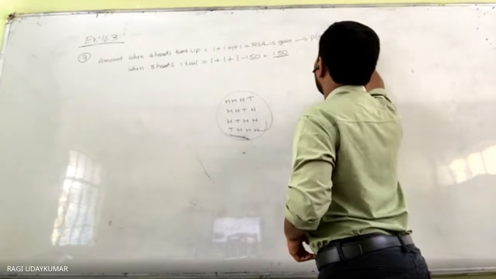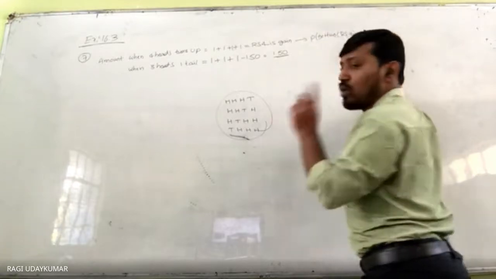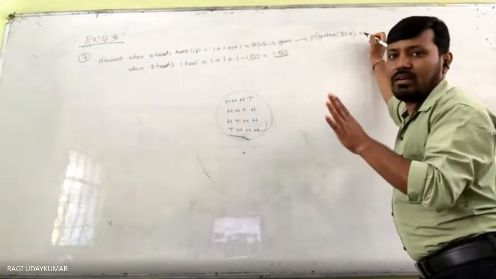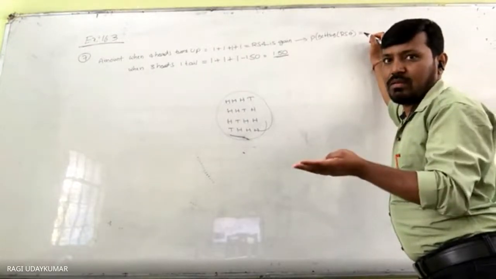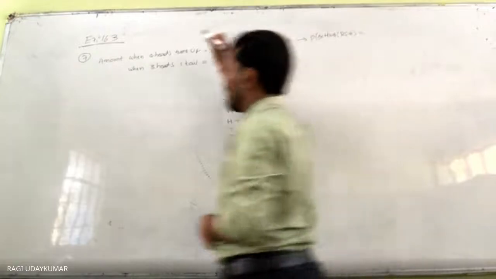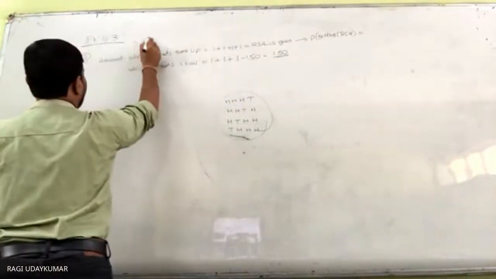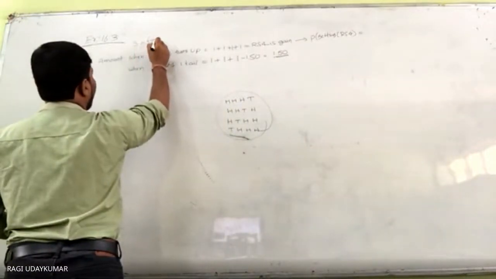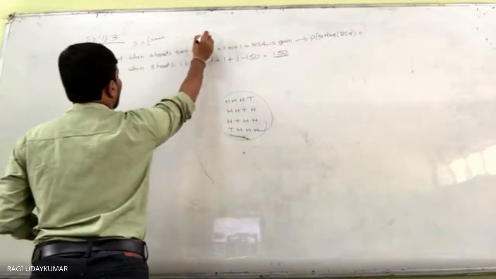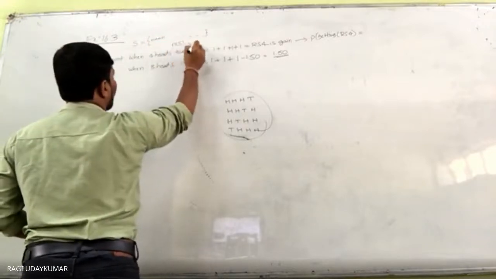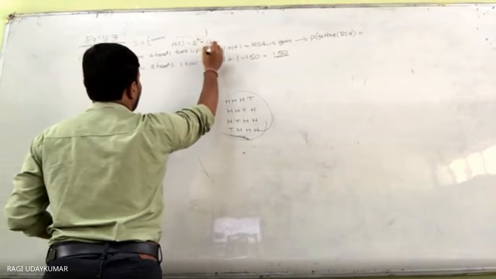The probability of getting 4 rupees is equal to only one time, when 4 heads turn up. What is the sample space? You can write the sample space first if you like. It is not necessary, but n(S) is equal to 2 to the power of 4, which is equal to 16 possibilities.